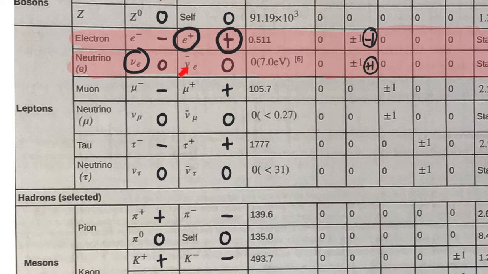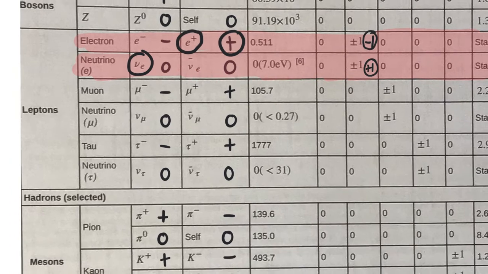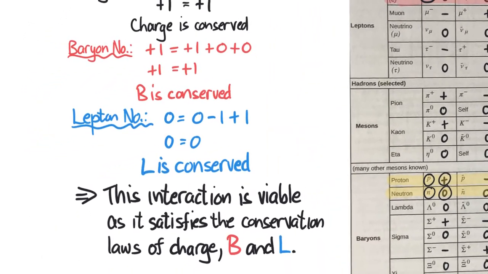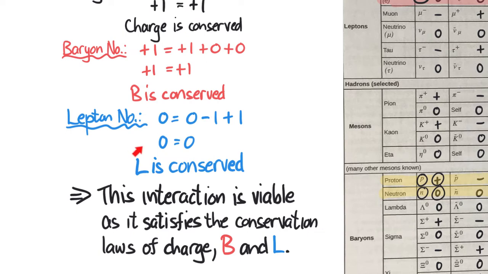The anti-electron neutrino would have a lepton number of -1. So when we now go and look at the total lepton number on the left and the right-hand side, we see here too it is conserved.